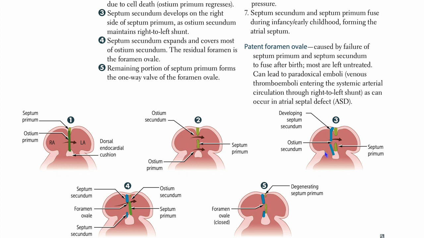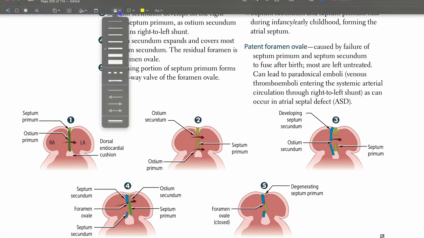Sometimes when they're sitting down and then they get up, there's a reduction in venous return, so that can make the shunt go from left to right to right to left, right? Or any activity that causes a temporary reversal of the shunt. So then, if this is not fused, the embolus will come in and flow through here, right?